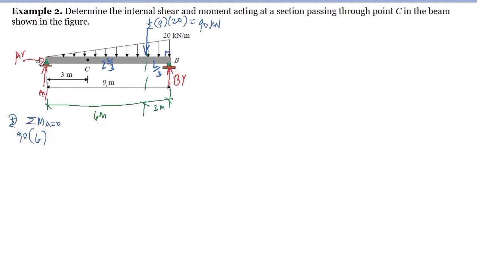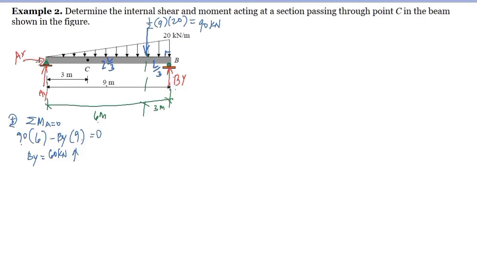And this BY here is counterclockwise, so it's negative, multiplied by the moment arm, which is 9, equal to 0. Solving for the value of BY, 90 divided by 9 is 10, times 6, that's 60 kilonewton.